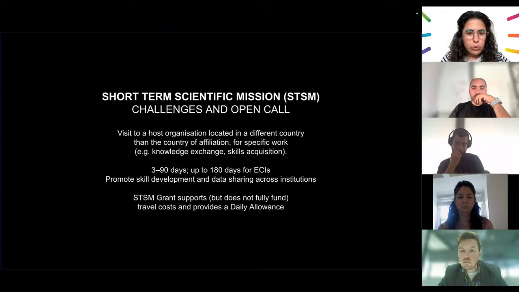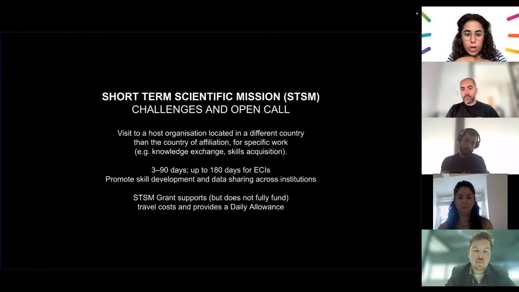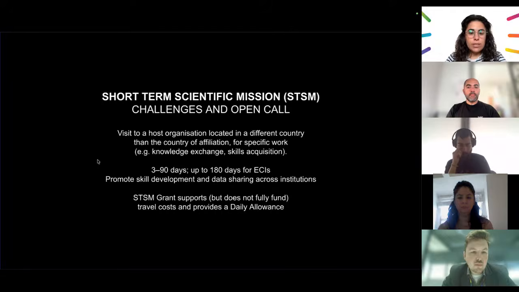Now moving on to the short-term scientific missions. Short-term scientific missions aim to visit a host institution located in a different country than your country of affiliation to develop specific work. Again, 3 to 90 days. Short-term scientific mission grants support, but do not fully fund, travel costs and also provide a daily allowance during your stay.